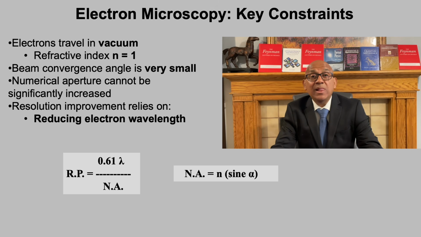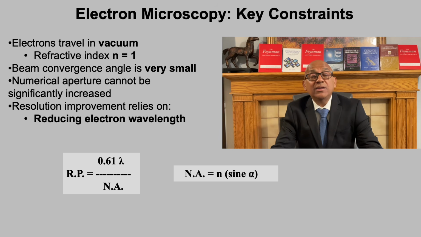In addition, electron beams are highly collimated, meaning the angular spread of the beam is inherently small. Together, these constraints mean that in electron microscopy, numerical aperture cannot be increased in any meaningful way. The usual optical strategies for improving resolution simply do not apply.